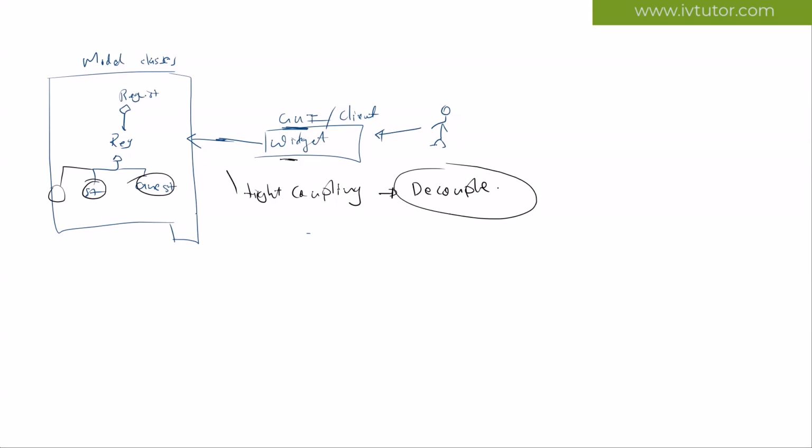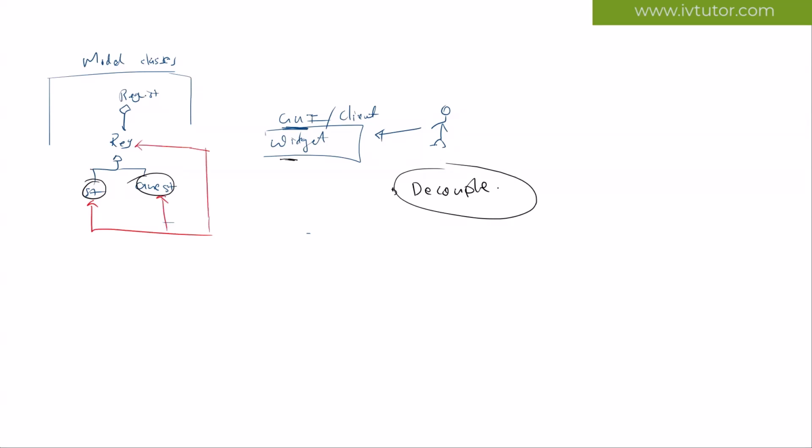So if we were going to draw this maybe in more detail, just this simple diagram here, we were going to say that your client has a relationship with your student registration, also with your guest registration, also with your registration. Your client knows about all these three classes.